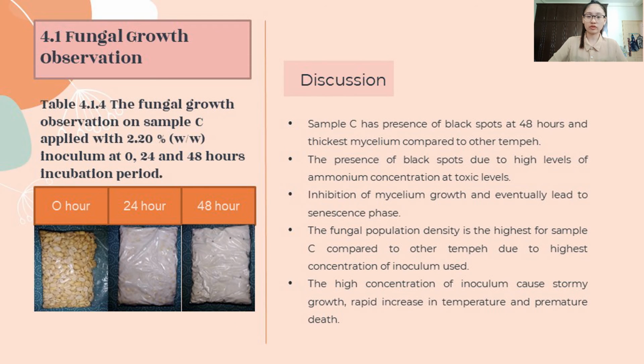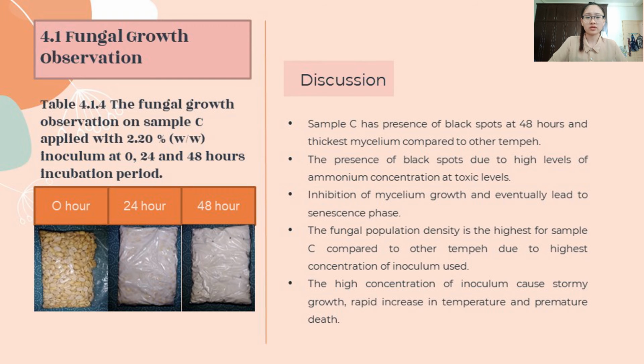Table 4.1.4 shows the fungal growth observation on sample C applied with 2.2% inoculum at 0, 24, and 48 hours of incubation period. Sample C has the presence of black spots at 48 hours and the thickest mycelium compared to the other tempeh. The presence of black spots is due to high levels of ammonium concentration at toxic levels.